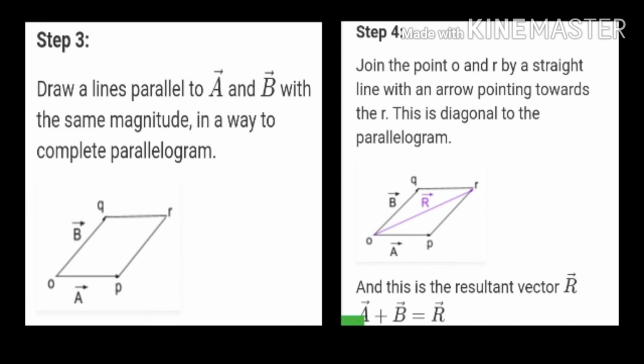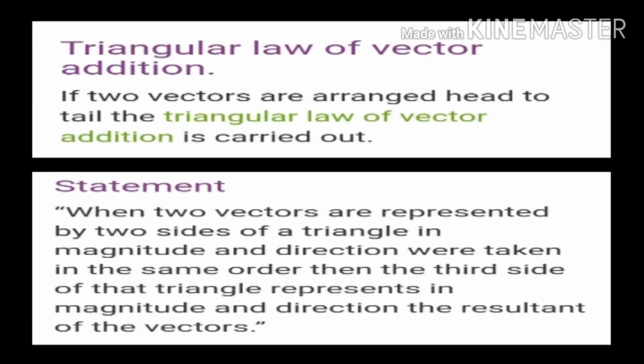Join the points O and R by a straight line with an arrow pointing towards R. This is the diagonal of the parallelogram, and this is the resultant vector R, so A vector plus B vector is equal to R. So this is how we solve the parallelogram law of vector addition. Now move towards the triangular law of vector addition.